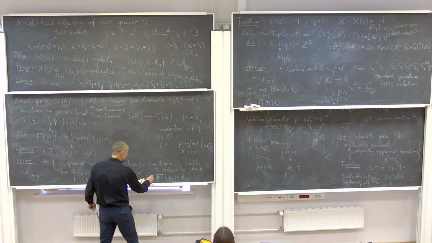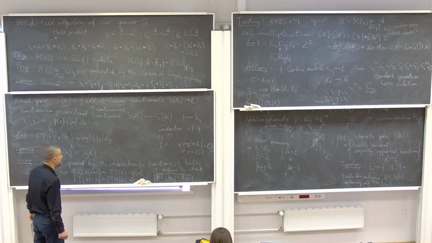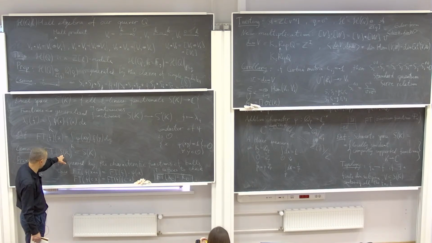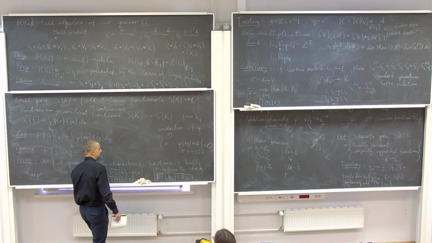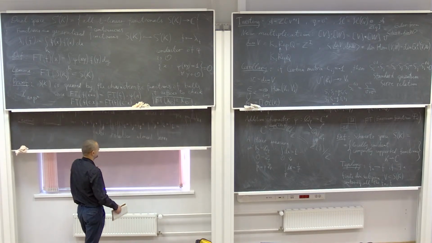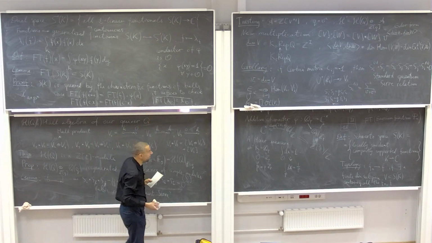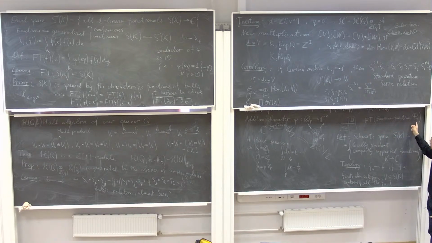So, this is the key point. The Fourier transform is well defined at the level of functions. We don't have to go to L2. Now the problem is that we want to compute the Fourier transform of the Gaussian function.